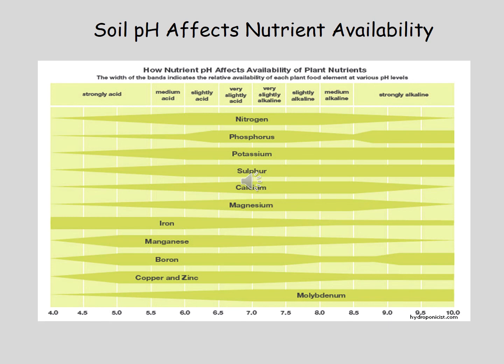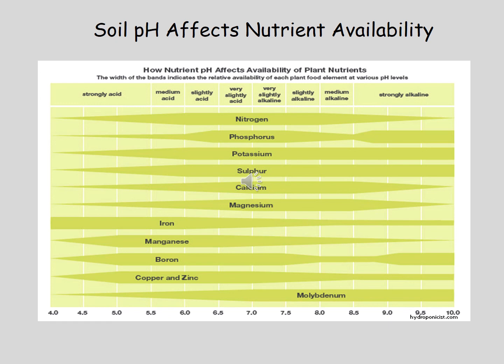This image is a way to depict the availability of nutrients according to pH. Look at the very bottom of that image. You've got pH 4 on the bottom left and pH 10 on the bottom right. Like I said, pH goes from 0 to 14. This is just showing the central portion, because this is where plant nutrients are available or not.